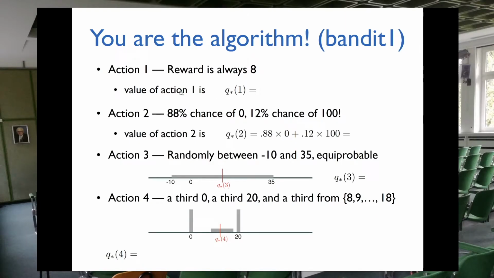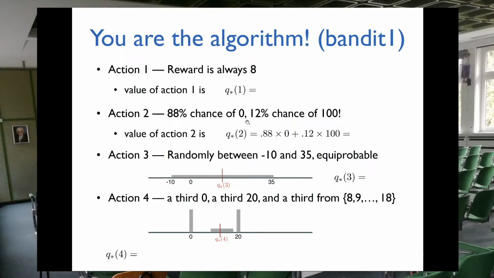In the case of lever 2, action 2, there's a special distribution. 88% of the time the reward is 0, and 12% of the time it gives a reward of 100.